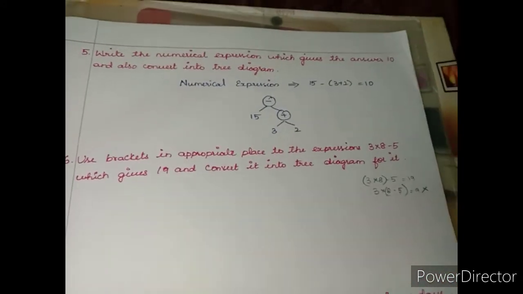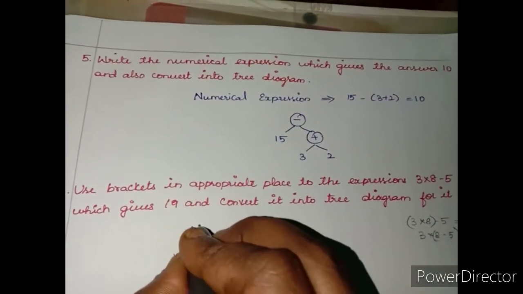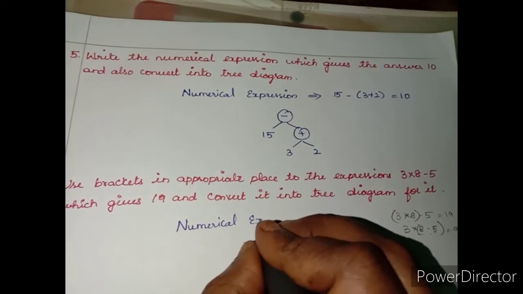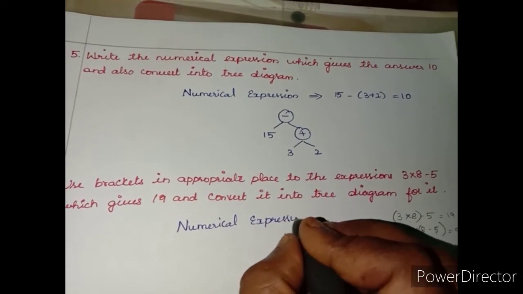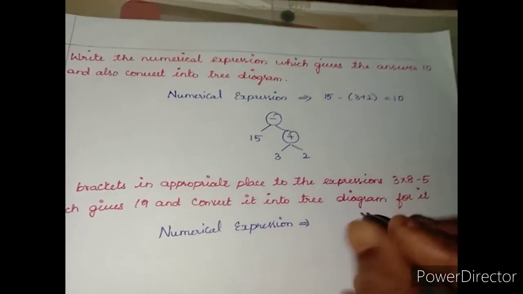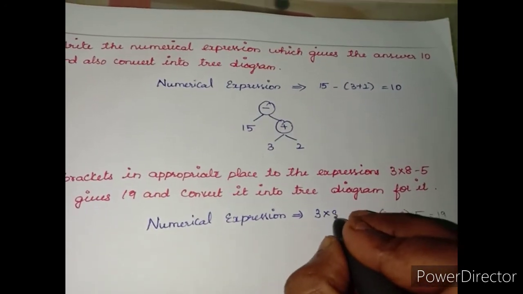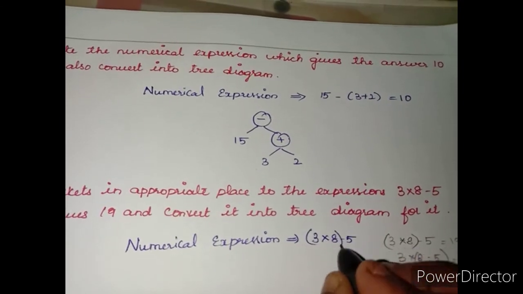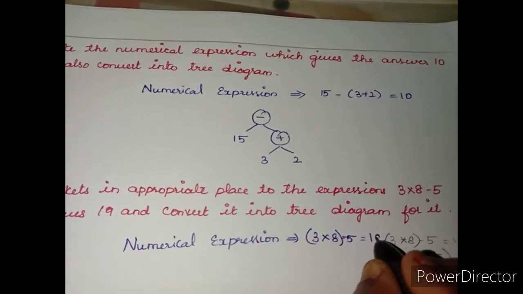So what will be the numerical expression? The numerical expression will be 3 into 8 minus 5. So 3 into 8 minus 5 is equal to 19. So this is the operation.